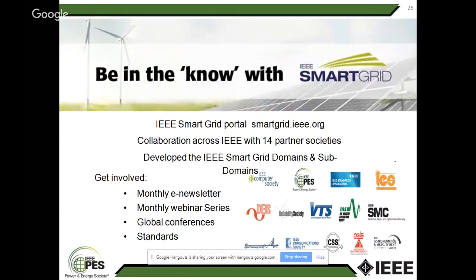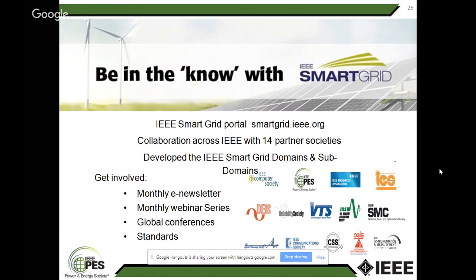And also, you now have a smart grid portal with collaboration across 14 partner societies. These are the societies: Computer Society, PES, Industrial Applications Society, Communications Society, and the other one, PELS.